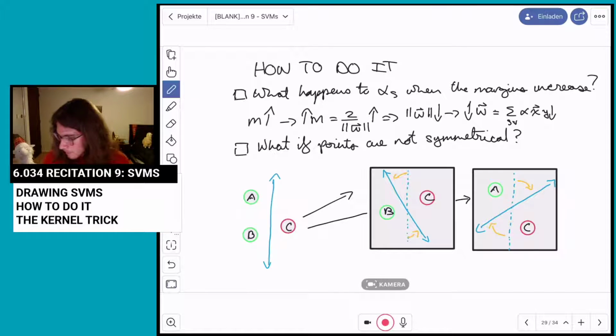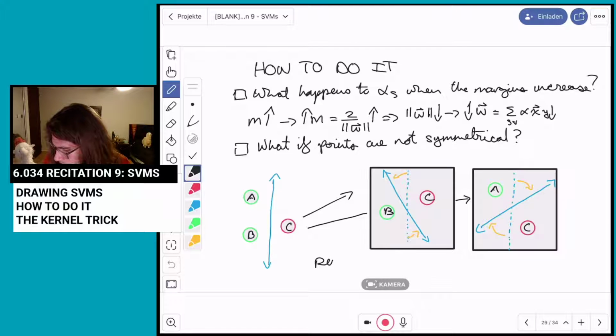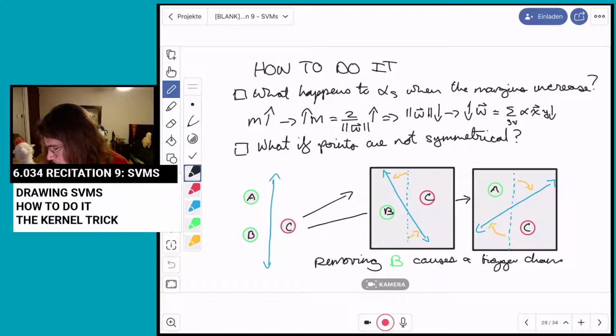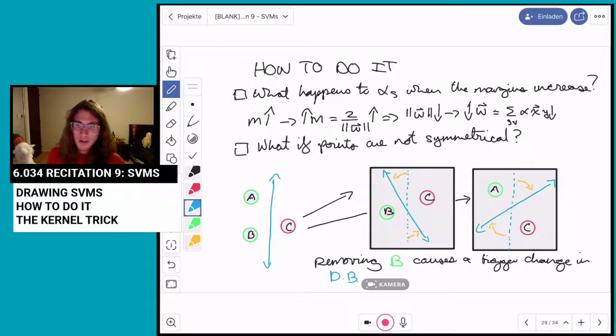Right? So removing B causes a bigger change in the decision boundary than removing A. I'm not going to write it.